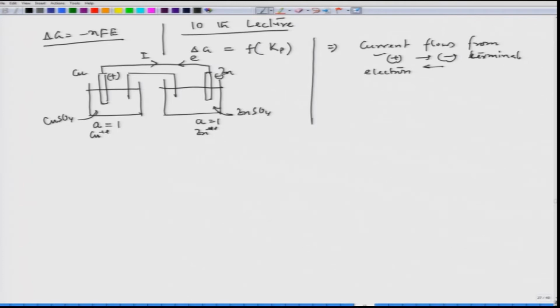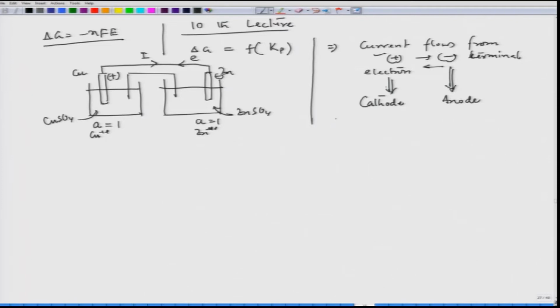Now, would it mean that the cathode, so this side is cathode here and this side is anode. So, would that mean that the cathode would always be positive and anode would always be negative?